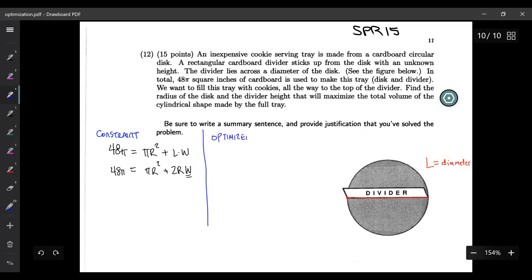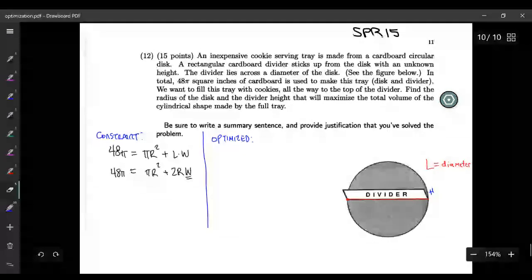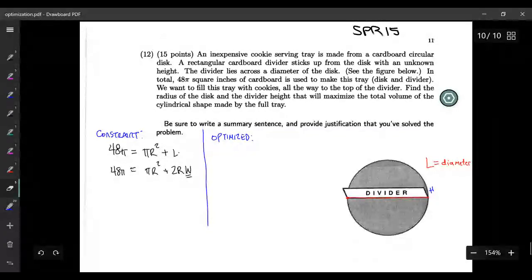Ultimately, we ask ourselves, what am I maximizing or minimizing? Find the radius of the disk and the diameter and the divider's height. In this case, this is height, let's call it h.